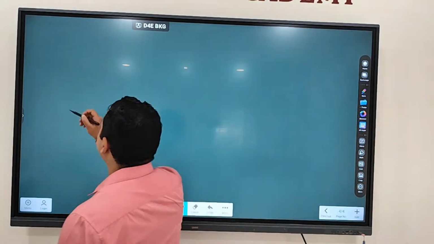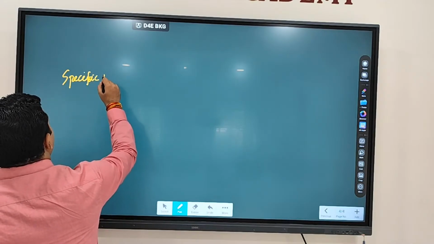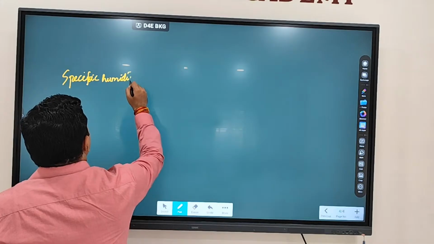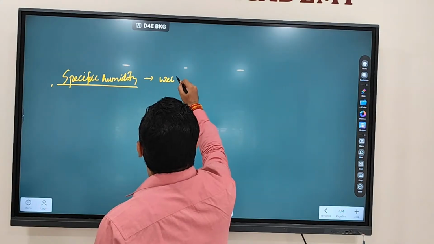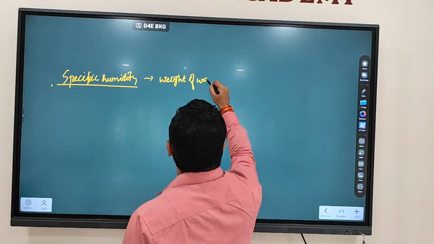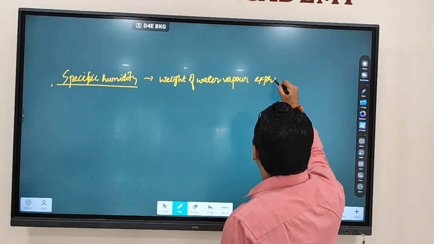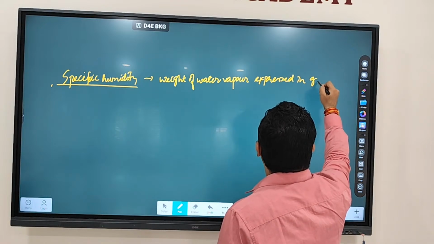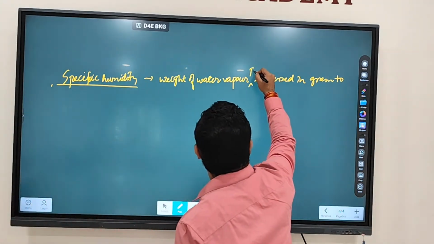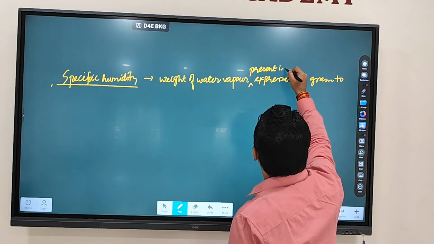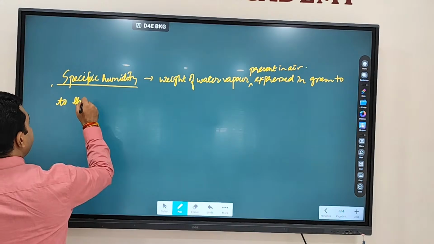Now the third type of humidity is specific humidity. It is generally measured as the weight of water vapor, expressed in grams, to the weight of air, expressed in grams.